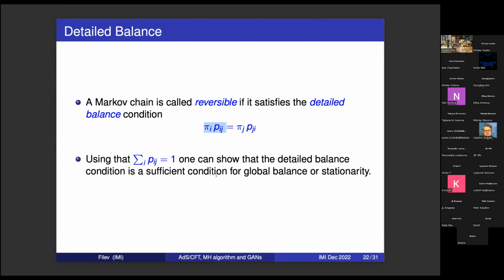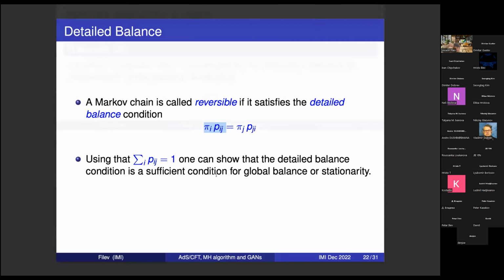I think you need to use that the sum over I of P_JI is delta. If you sum over I on the right-hand side, you get 1 for the column I. So it balances. Yeah.